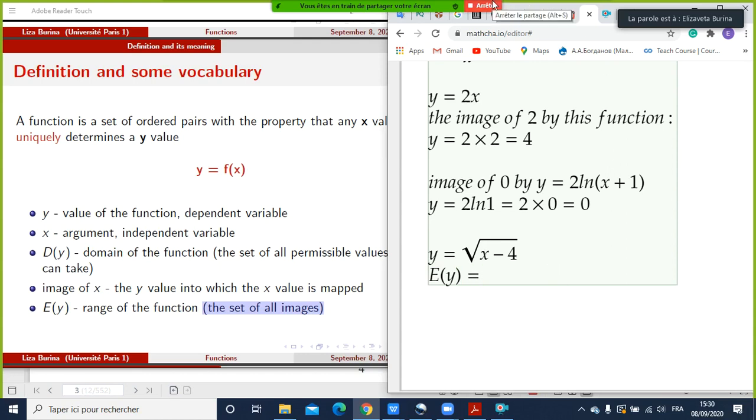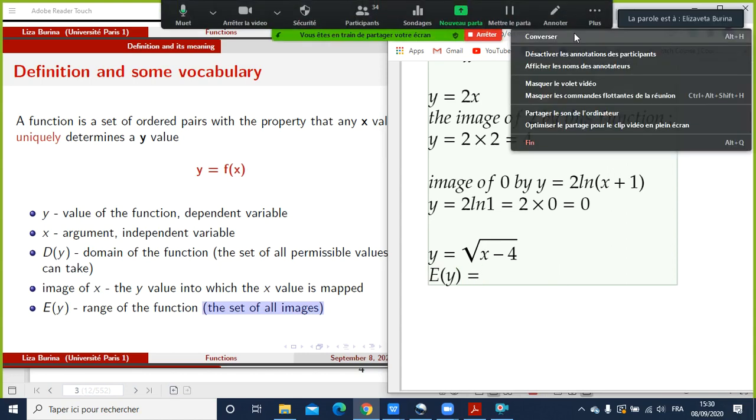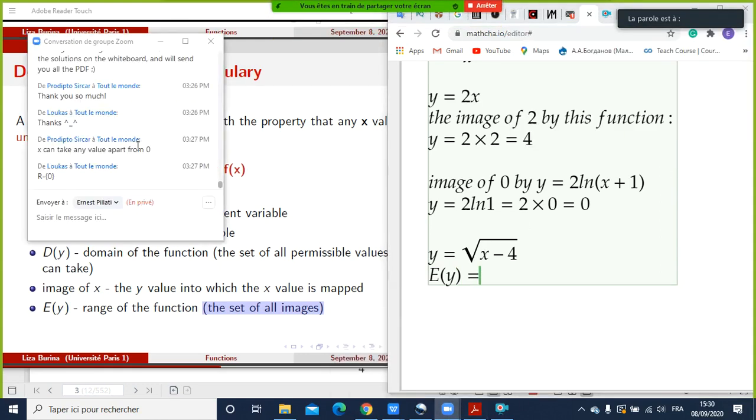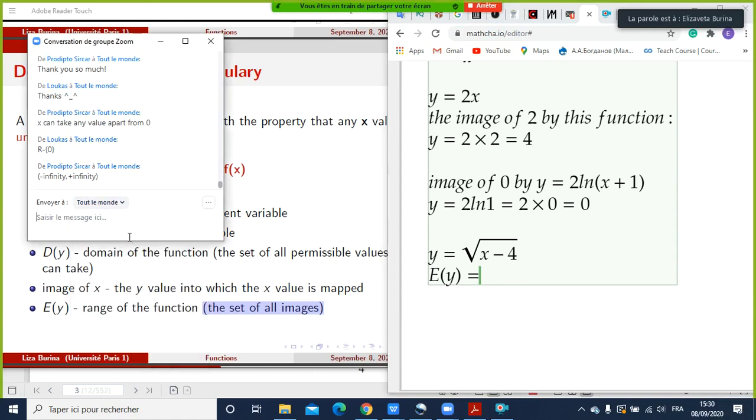Okay, type it real quick. Okay, now I'm getting really confused and nervous about this example. Is it from minus infinity to plus infinity?